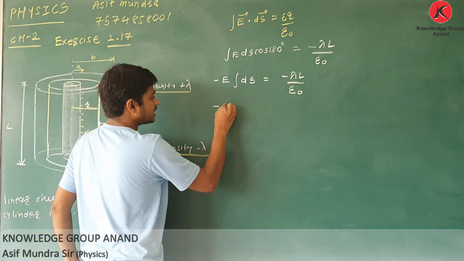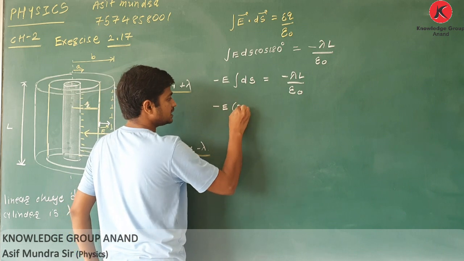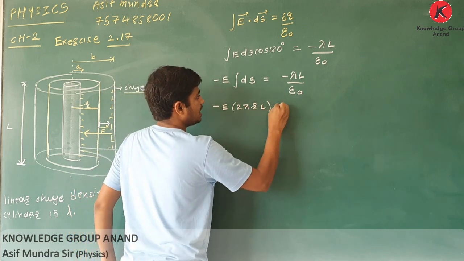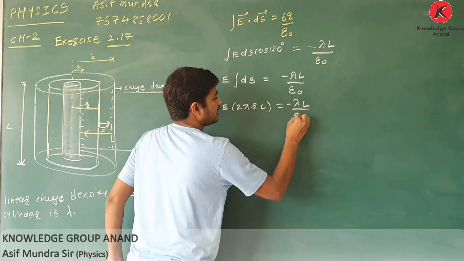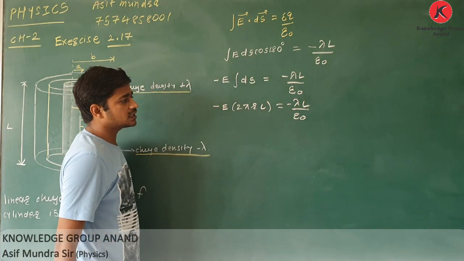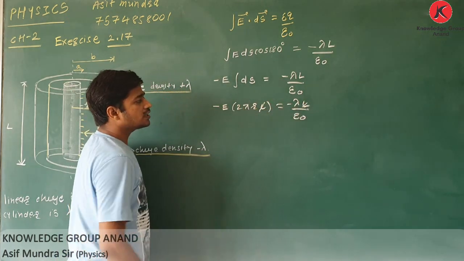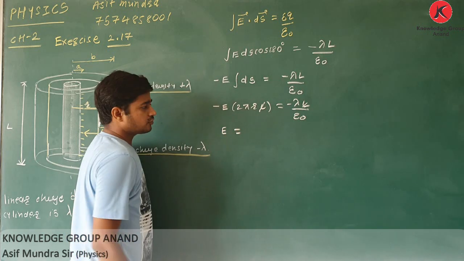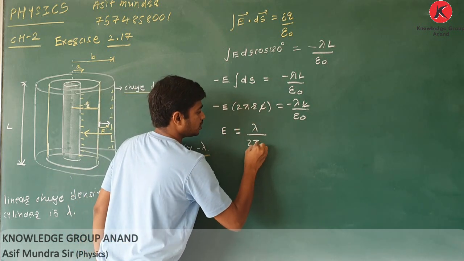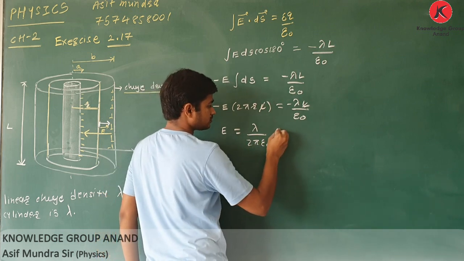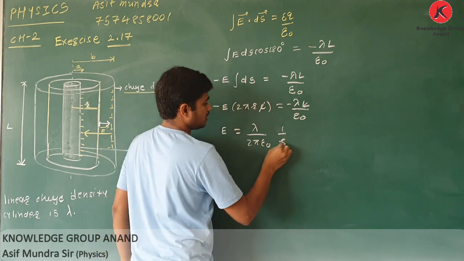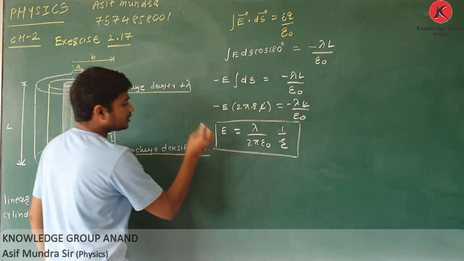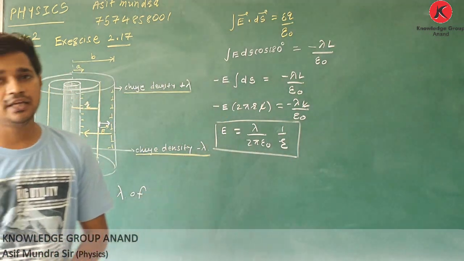Surface area is 2 pi r L, so minus E 2 pi r L is equal to minus lambda L upon epsilon 0. Minus cancels, L also cancels, and if you make E the subject, then E is equal to lambda upon 2 pi epsilon 0 times 1 upon r. So this is the equation of the electric field.